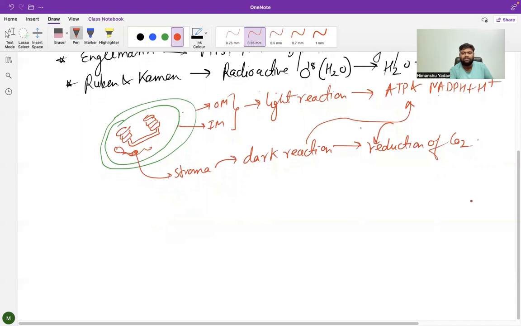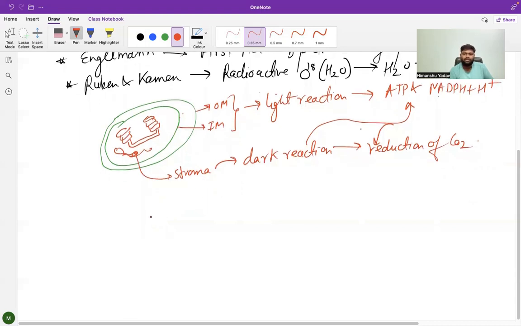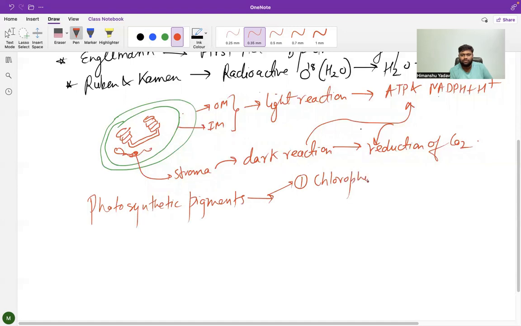Now there are some pigments that are involved in photosynthesis. Let us look at the photosynthetic pigments. In the case of higher plants, there is chlorophyll, and then there are carotenoids.